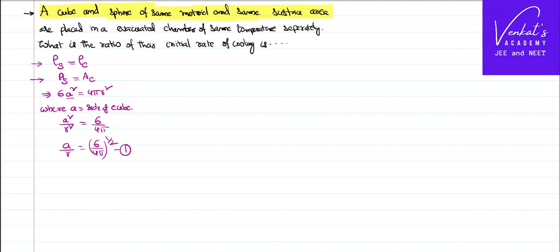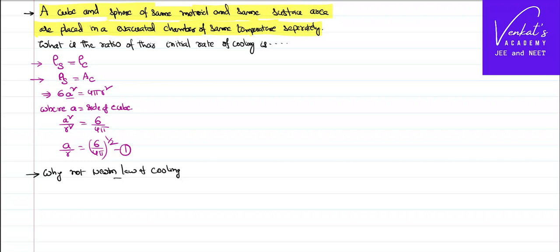Now, the bodies are placed in an evacuated chamber at the same temperature separately. So, the temperature of the surroundings is the same. Now, you may get a doubt: why don't we use Newton's law of cooling? Anyway, that's not going to make any difference in this case.